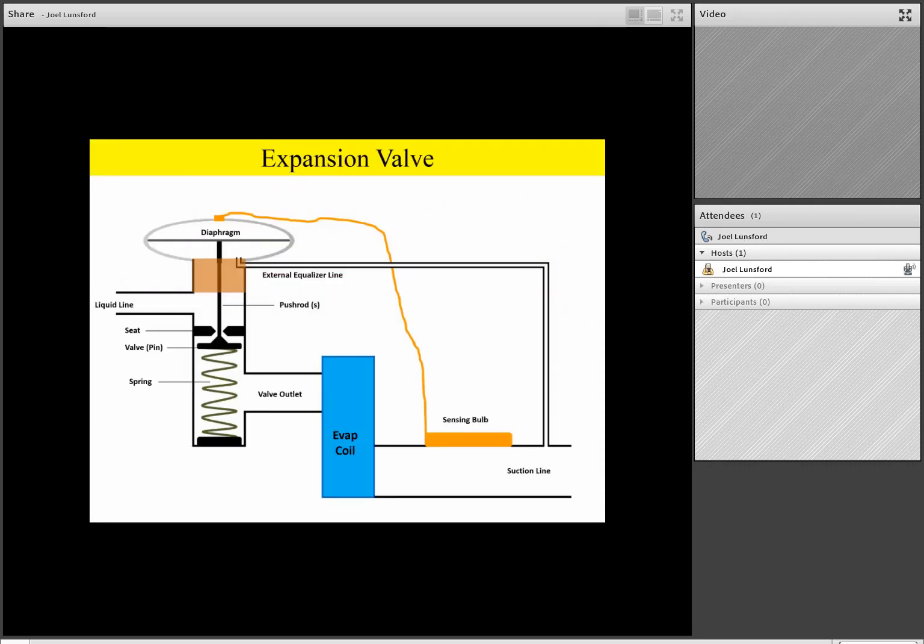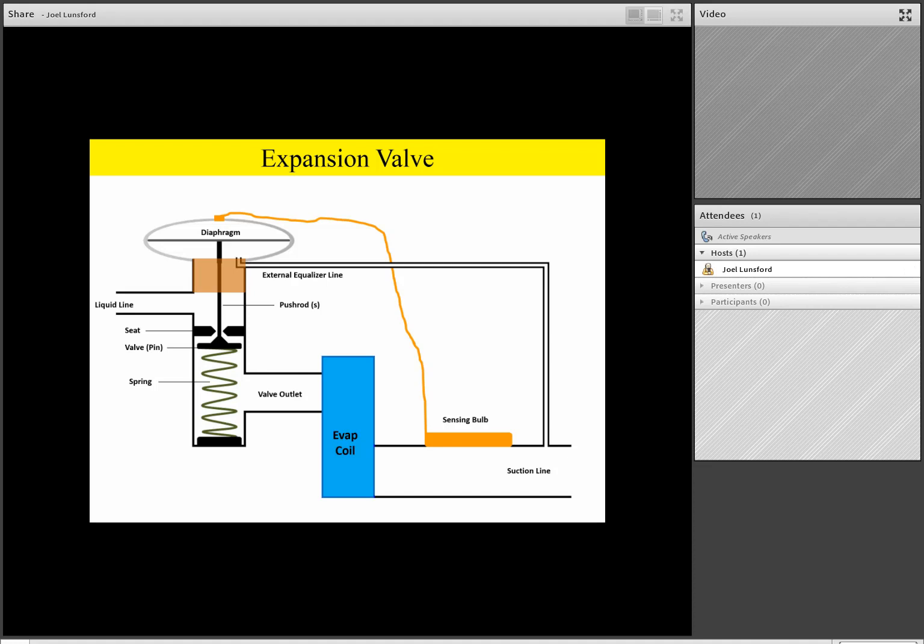Let's take a closer look at an expansion valve. This is a type of metering device, and as we see on the left-hand side of the expansion valve, liquid refrigerant will come in on the liquid line and go past a valve and seat assembly, and will spray that liquid refrigerant into the evaporator coil. Now, it should be noted some of the design features of the expansion valve.